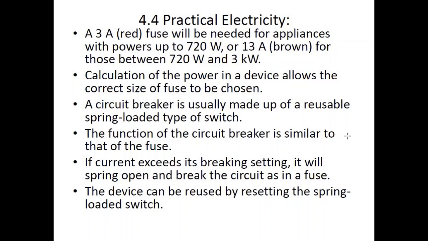If the current exceeds its breaking settings, or if the current exceeds its certain designated value, the switch trips and the circuit closes down, so the appliance does not burn out.